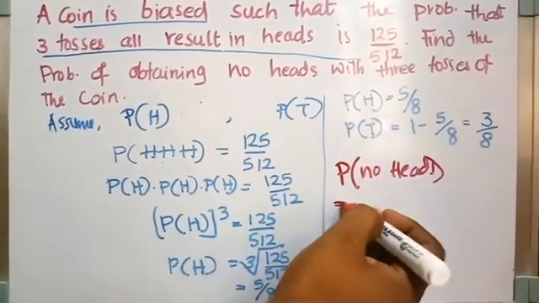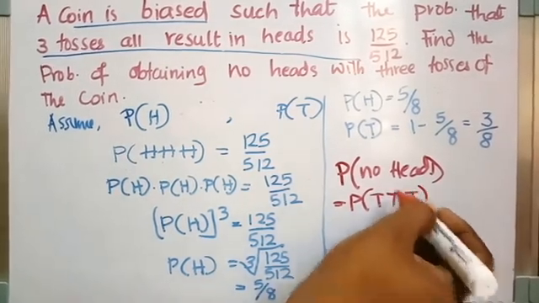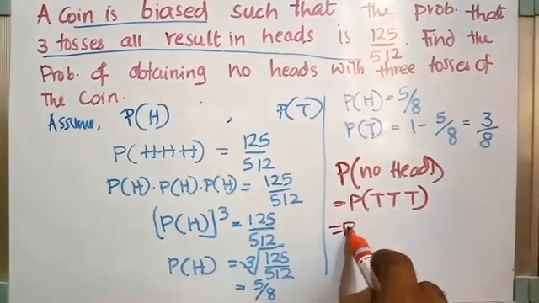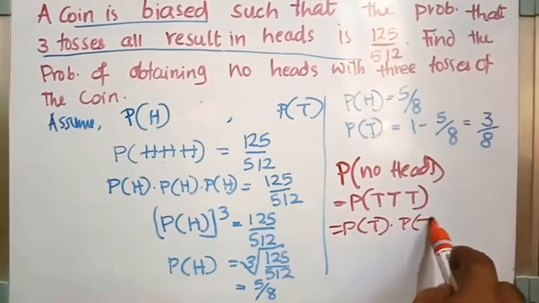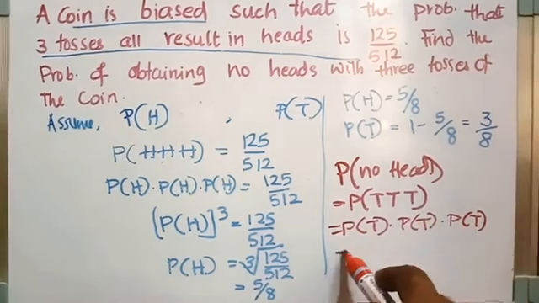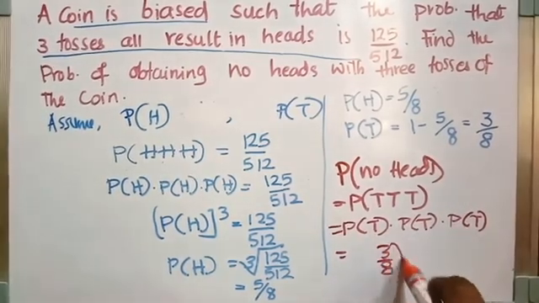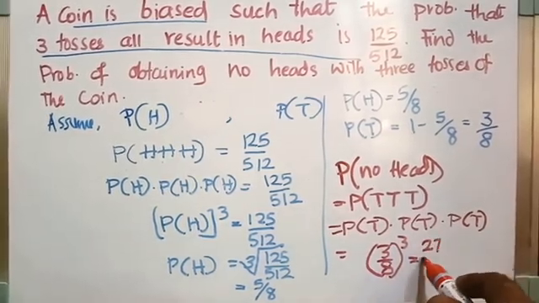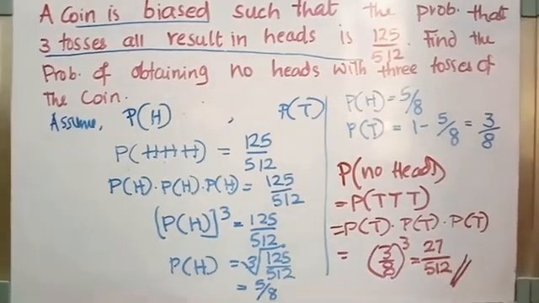That means probability of tail and tail and tail, which is P of t times P of t times P of t. And you know P of t is 3 by 8. So when you multiply it 3 times, we get 3 by 8 the whole cubed, which is equal to 27 by 512 as the result.